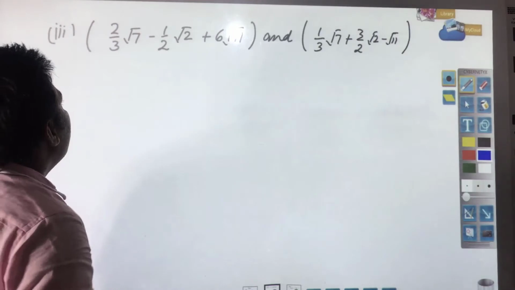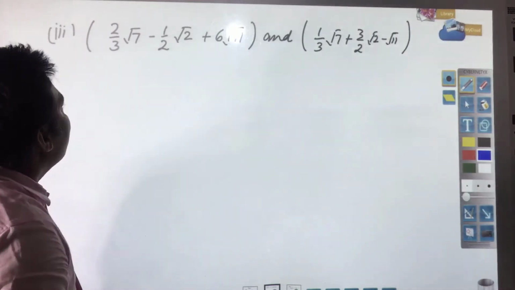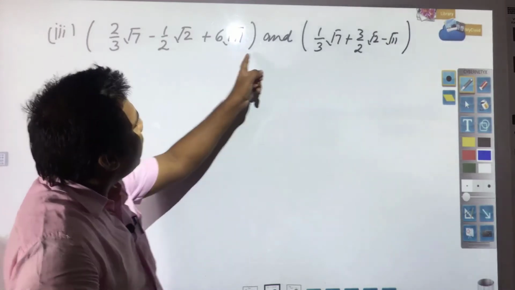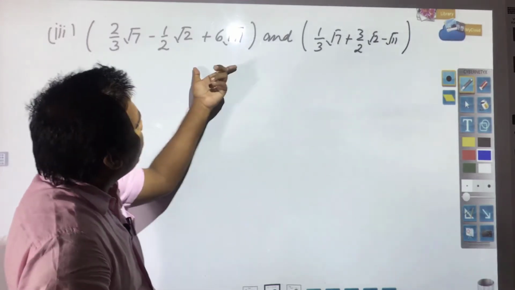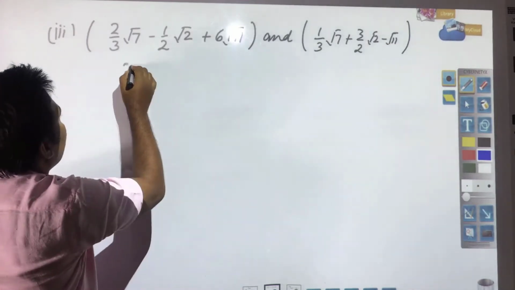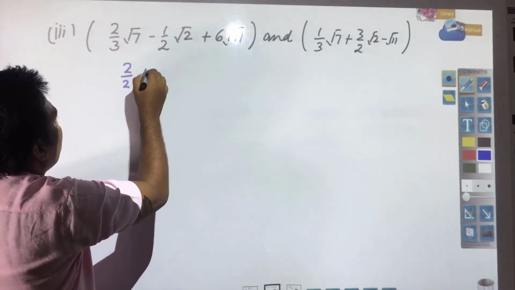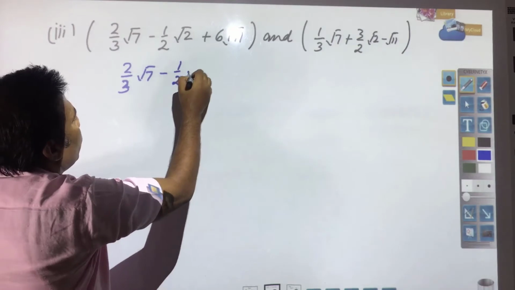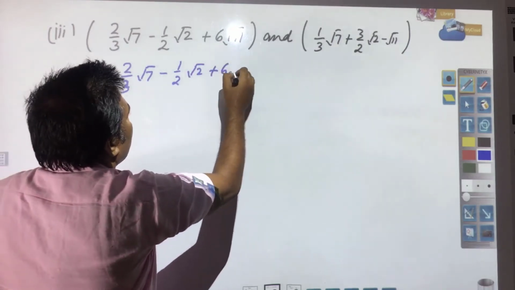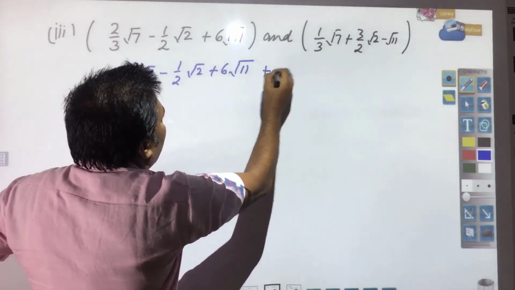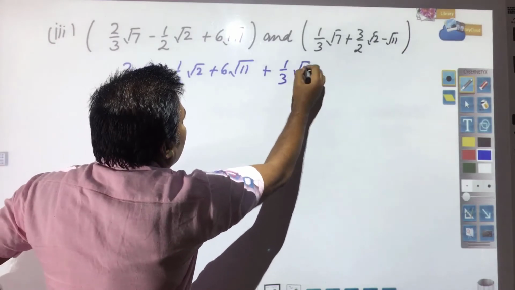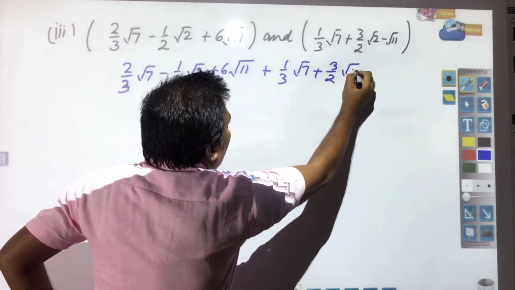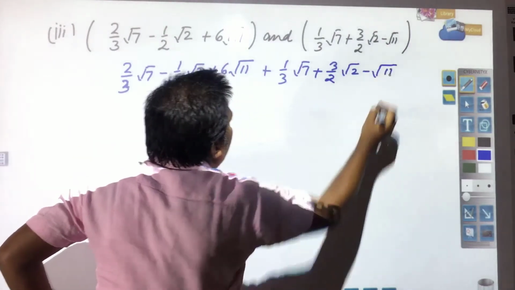Next question you see, 2 by 3 root 7 minus 1 by 2 root 2 plus 6 root 11, and this term you need to add: 1 by 3 root 7 plus 3 by 2 root 2 minus root 11. So, again the same thing we will do.